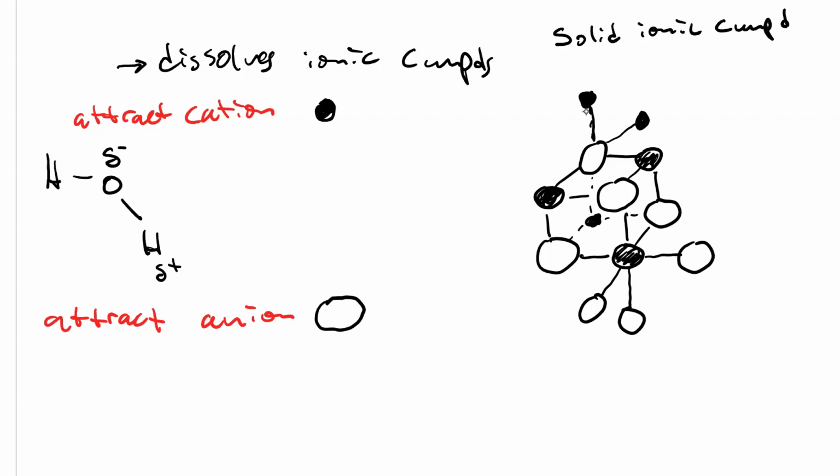There's one behind it, and there's one to its left. Right, and then you could extend this crystal lattice outward in 3 dimensions until you have a chunk of salt that's big enough to see. Right. But water can get in there and disrupt those attractions and surround the ions.